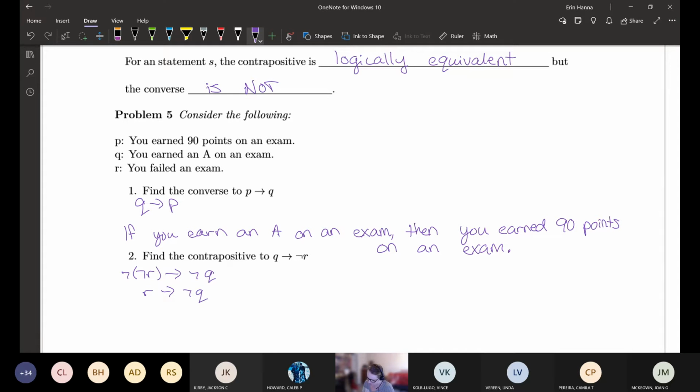So now if we want to write this down, we'll say, if, it's an implication, if you failed an exam, then, so not Q, you did not earn an A on an exam.